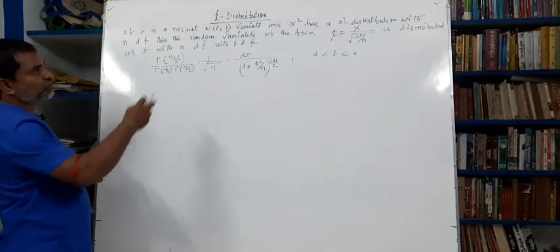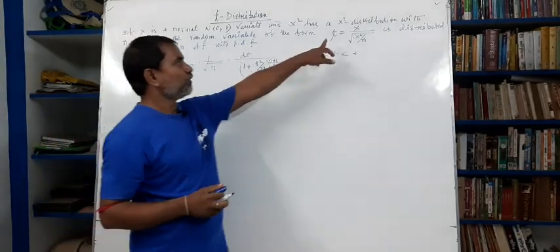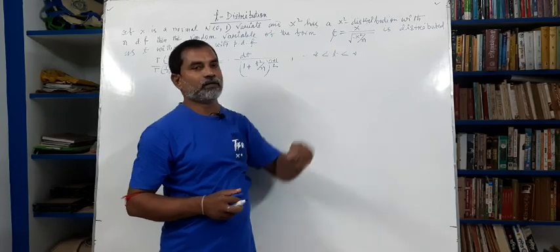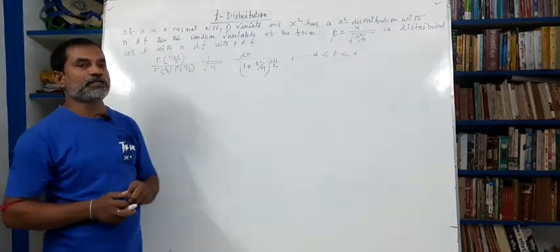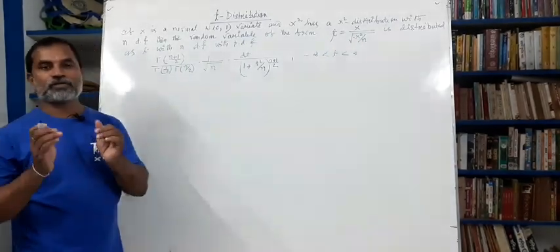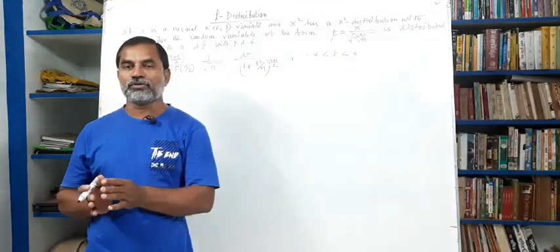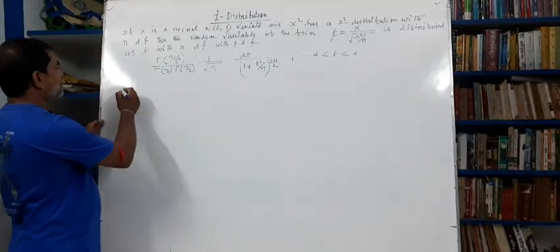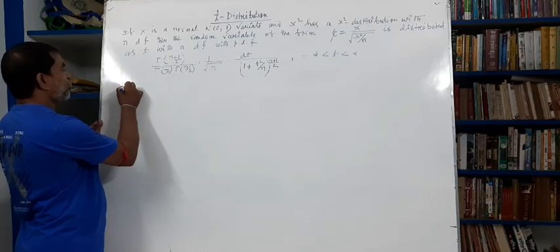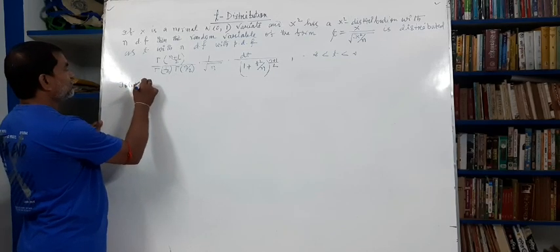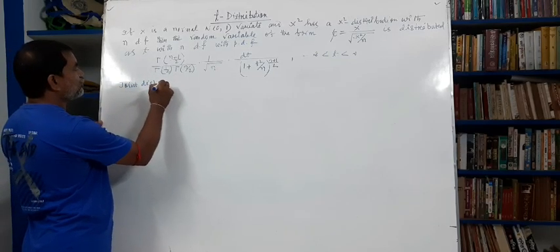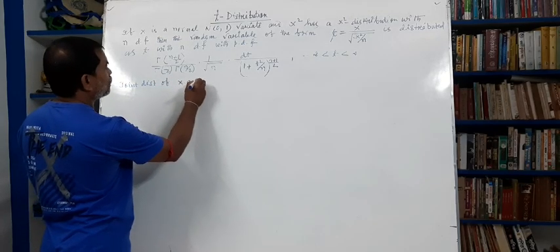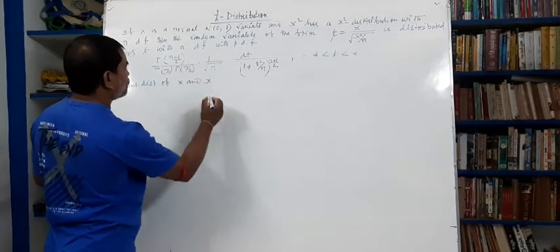Here T is the random variable T equals X divided by root over of chi-square by n, where capital X is N(0,1) variate and chi-square is a chi-square distribution with n degrees of freedom. Now let us write the joint distribution of X and chi.